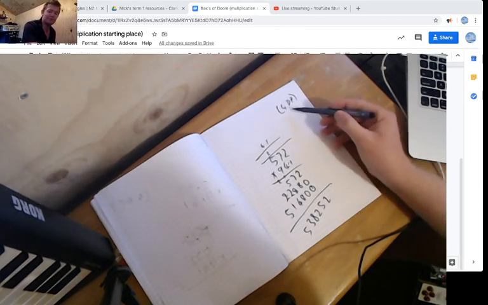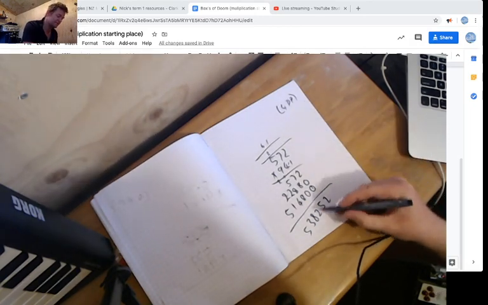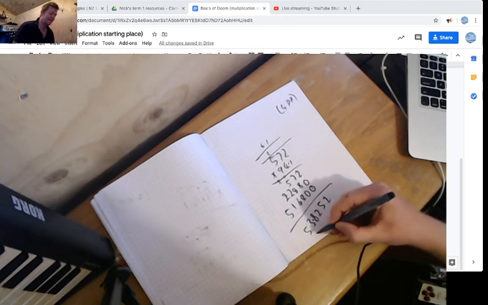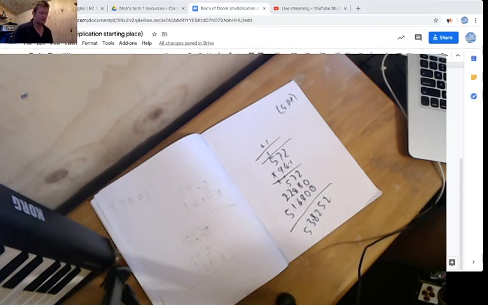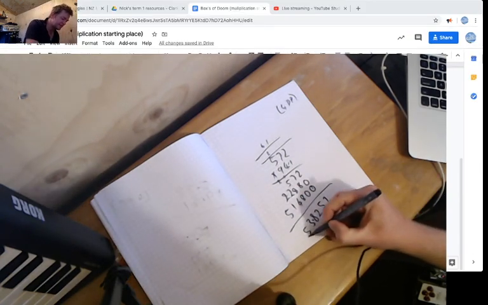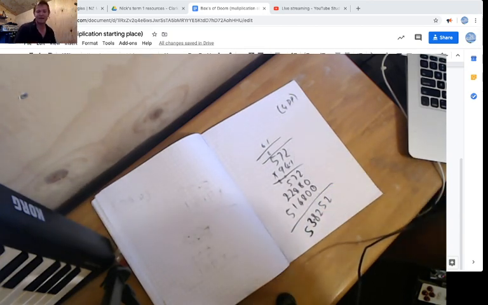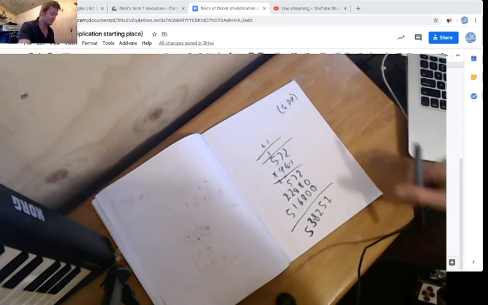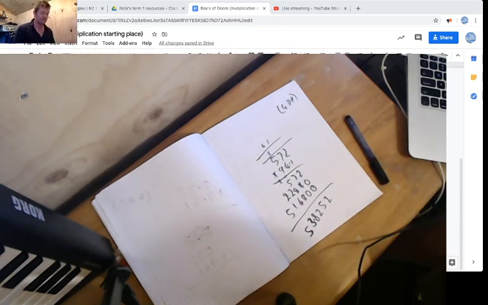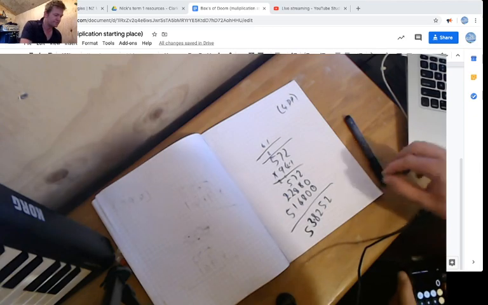And now I put my 4 DP, my 4 decimal places back in. So obviously it's cool to be able to do this yourself. I find it cool because not a lot of people can do that off the top of their head. Let's see whether I was right. What was my actual original question?